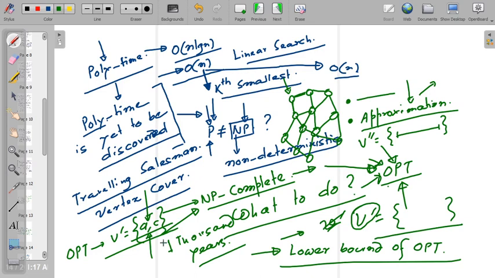That is the lower bound, right? But the trick that is applicable for vertex cover may not be applicable for the traveling salesman problem. That's why the challenge comes, and why a lot of intellectual effort is necessary.